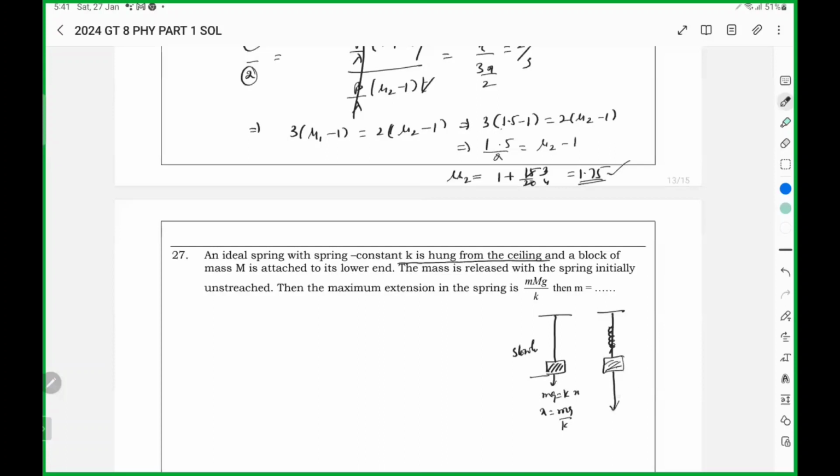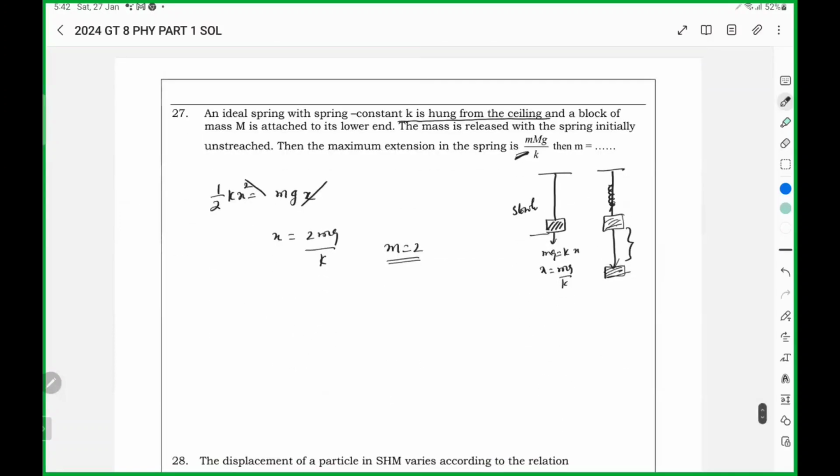So in the process of fast release, total energy gained here is elastic potential energy which is stored in the spring. So here there is a loss of potential energy. X will be 2 mg by k. Answer is there is a difference between slow release and fast release.